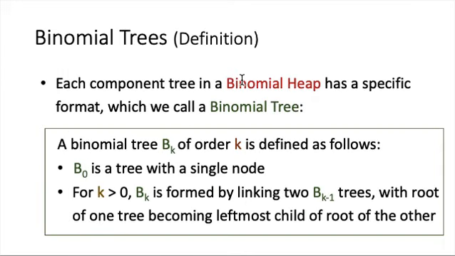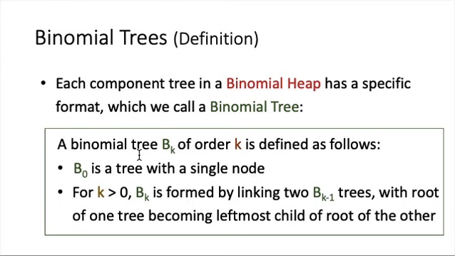As mentioned, a binomial heap contains a bunch of trees, and each tree we call a component tree. The component trees inside a binomial heap have a specific format, and each such tree we call a binomial tree. So let's see the definition below.